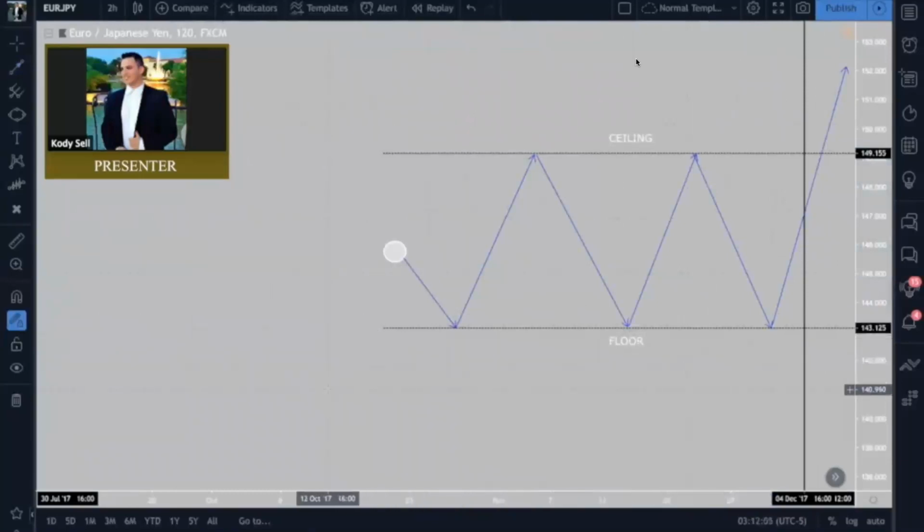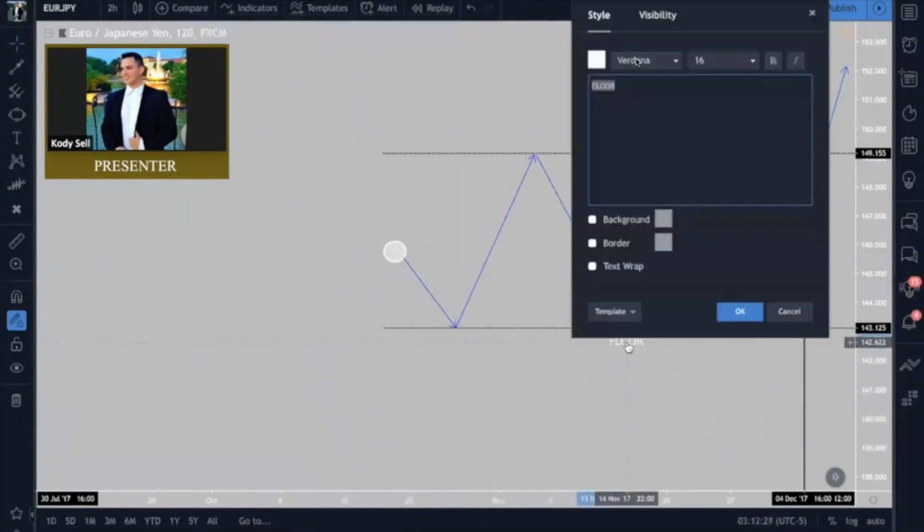This analogy of you walking down a hallway and bouncing a bouncy ball against the floor and the ceiling is synonymous with how price moves in the financial markets between support and resistance. So what we're going to do now is we're going to change the word floor to support.